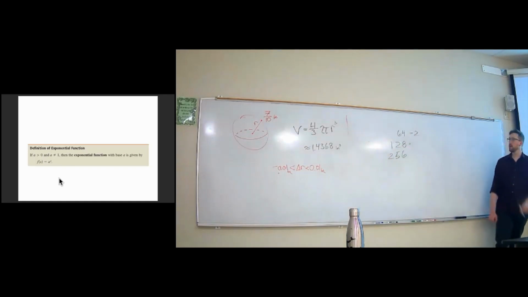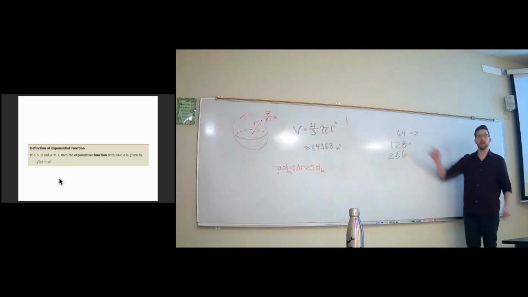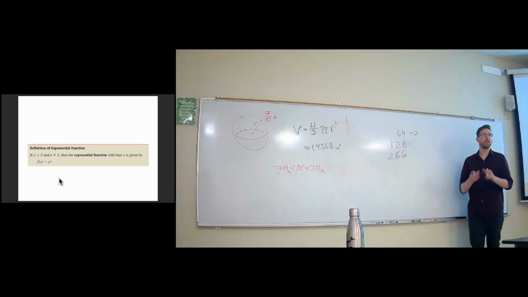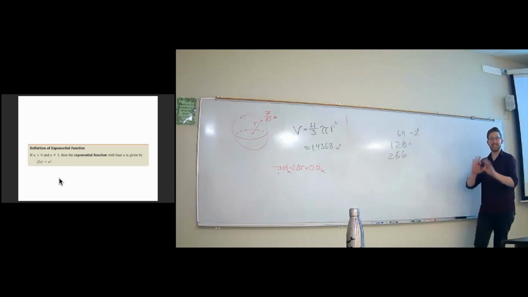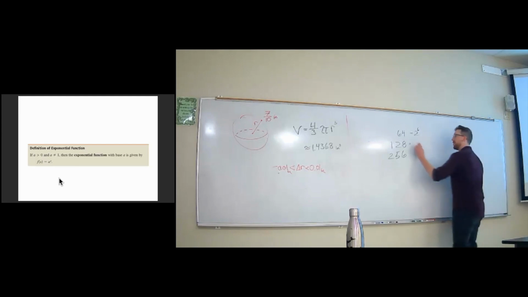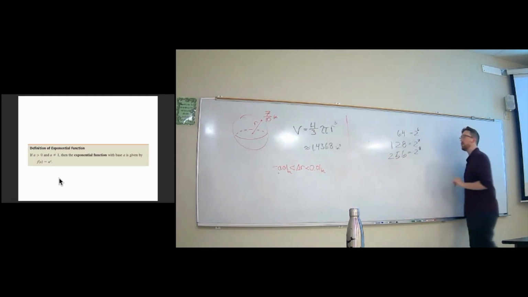This is 2 to the 8th, correct? 2, 4, 8, 16, 32, 64. So 2 to the 6th power. Yes, I just did that on my hand. That is a totally acceptable way of doing calculations. Keep track of your work. Use whatever utilities and resources you have. But if that's the case, then 128 is 2 raised to the 7th, and 256 is 2 raised to the 8th.